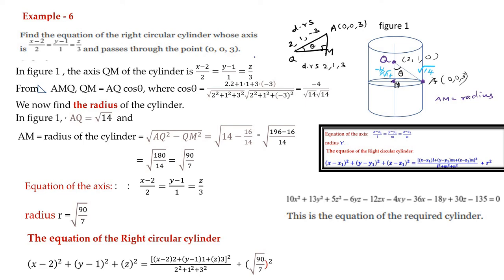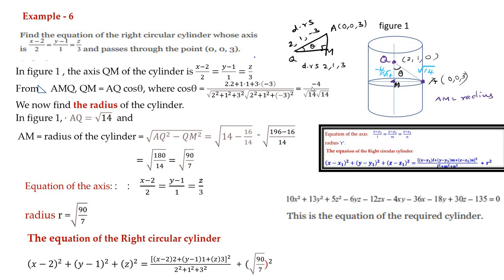And for QM, theta is the angle between these two. For QM, we are given 2, 1, 3 to be the drs. So from these two, cos theta can be obtained. So it is 2 into 2 plus 1 into 1 plus 3 into minus 3, divided by square root of 4 plus 1 plus 9.